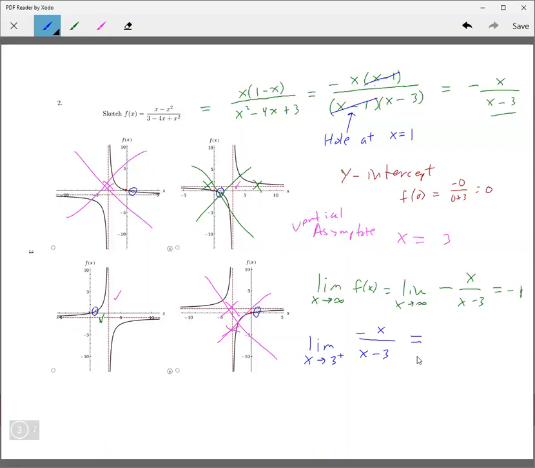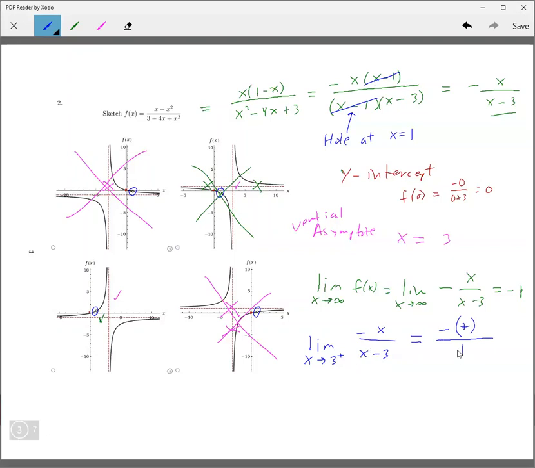As you go to 3 from the right, that means you're approaching through values that are greater than 3. So like 3.1, you take 3.1 minus 3, you get positive 0.1. And then you have a 3.1 up here. So this is positive, this is negative.